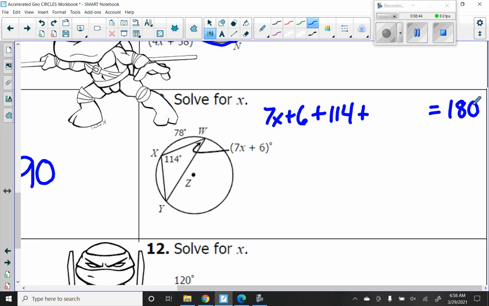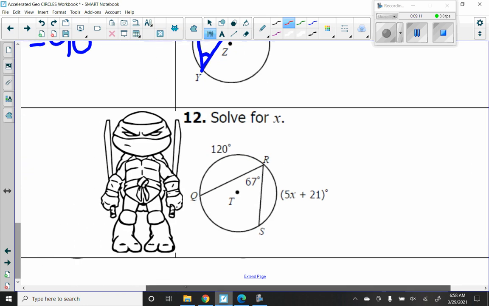And I can find this angle because its arc is 78, and it has to be half of 78. So 78 divided by 2, that missing angle in that triangle would be 39. And now I can solve it.